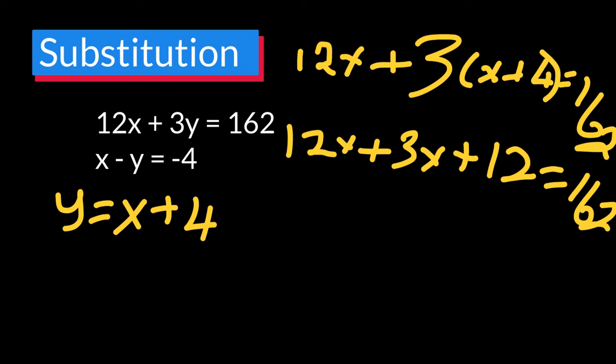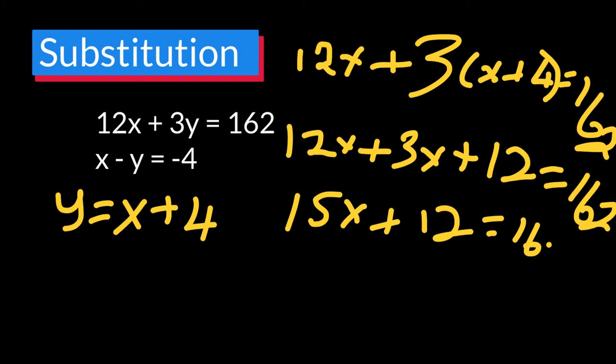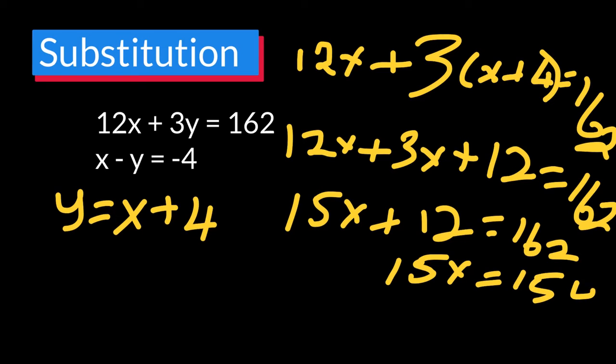Now we combine like terms, and 12x and 3x is 15x, plus 12 equals 162. We subtract 12 from both sides, which gives us 15x = 150. Divide both sides by 15 to get x = 10. So now we know that the buckets were $10.